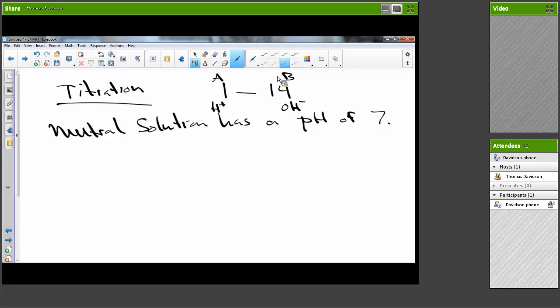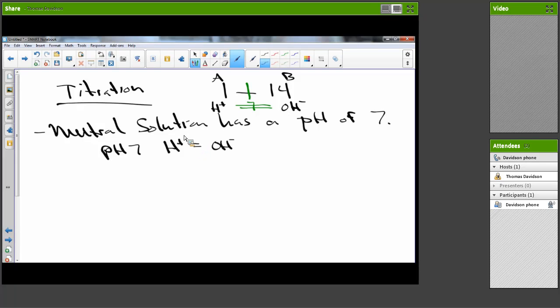Well, in between 1 and 14 is the number 7. And 7 is when the amount of H+ is equal to the amount of OH-. Okay? So we're going to take advantage of this fact, that at a pH of 7, H+ is equal to OH-. Who's with me on that one so far?